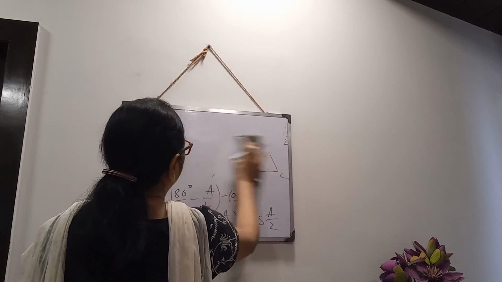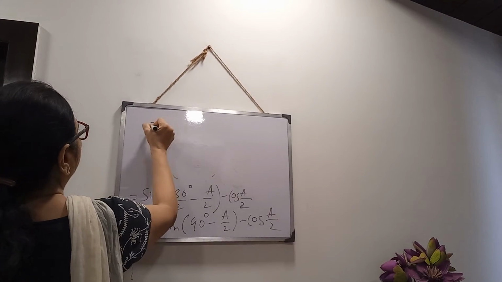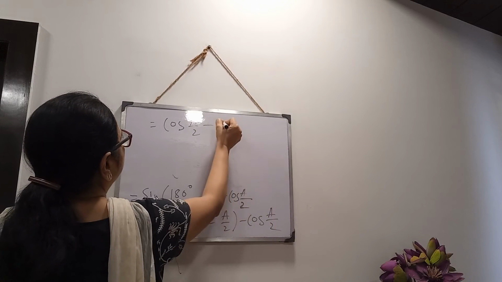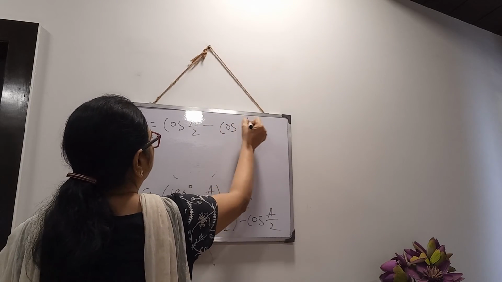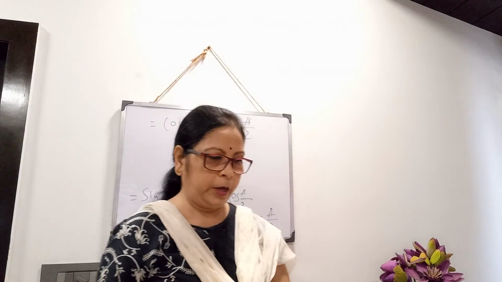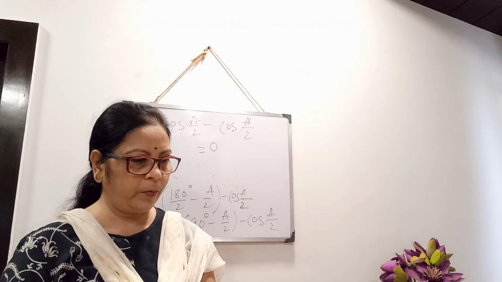This is the formula. So here you can write cos (A by 2) minus cos (A by 2). Same, so the answer is coming 0. Clear? This is the answer. Very interesting.